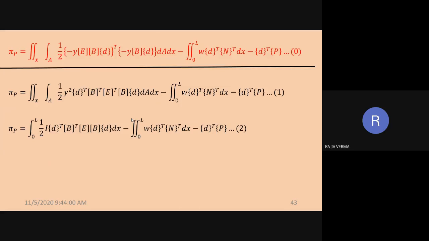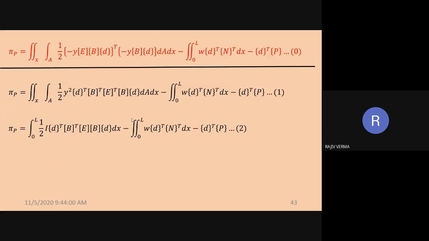Therefore the term y square dA, which exists in equation number 1, has been replaced by moment of inertia indicated by capital I, and correspondingly the volume integral is now replaced as a line integral, that is a domain represented by dx.